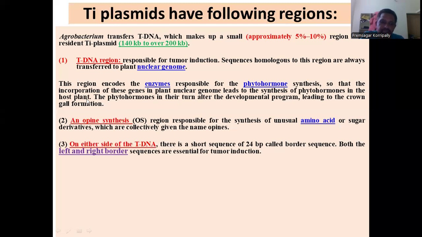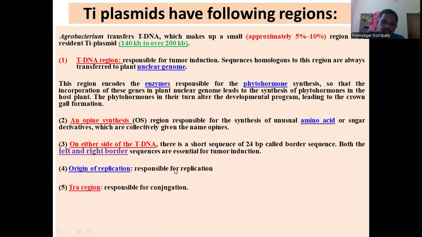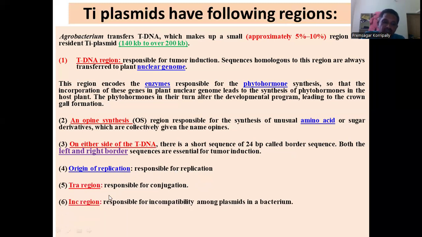On either side of the T-DNA there are two repeats, the left border and right border, whose sequence length is 24 base pairs, and they are very important in the nicking and transfer of the T-DNA into the plant cell. The origin of replication helps the plasmid to undergo autonomous replication, Tra helps in conjugation, and the INC region helps in incompatibility.